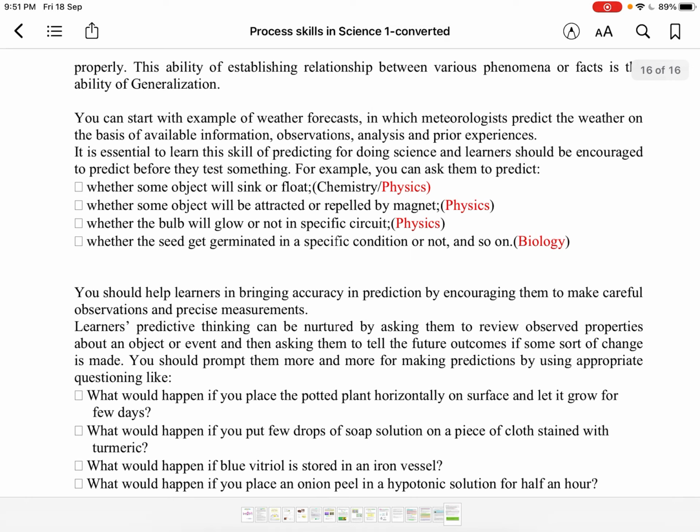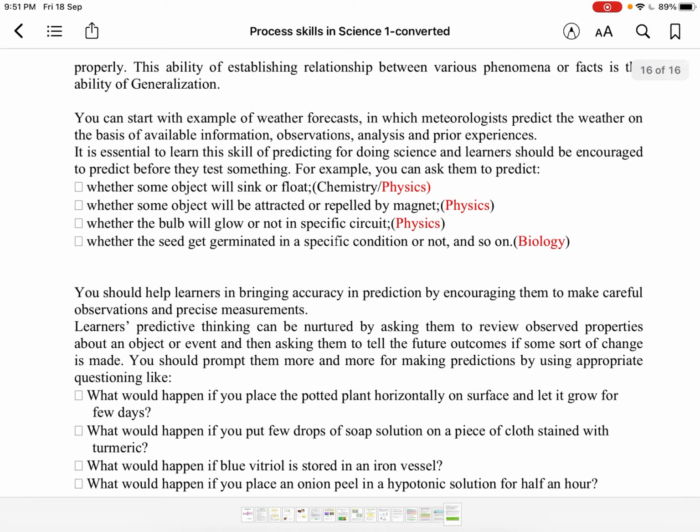They can predict whether a bulb will glow or not in a specific circuit. These examples are from physics. And whether a seed will germinate in a specific condition or not, that example is from biology.